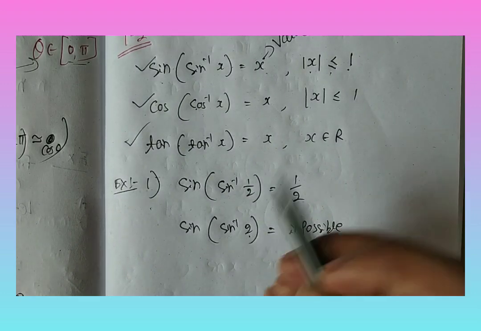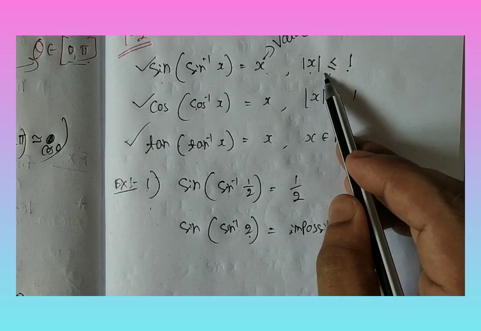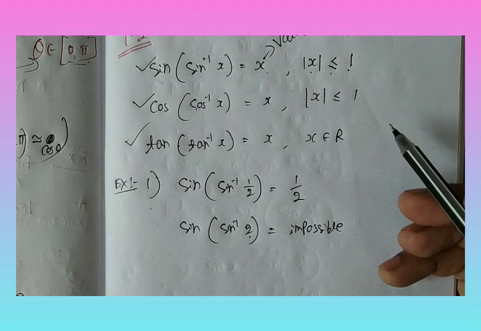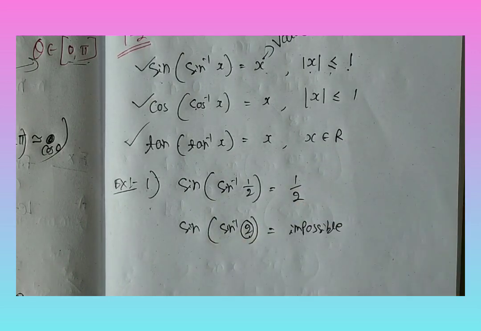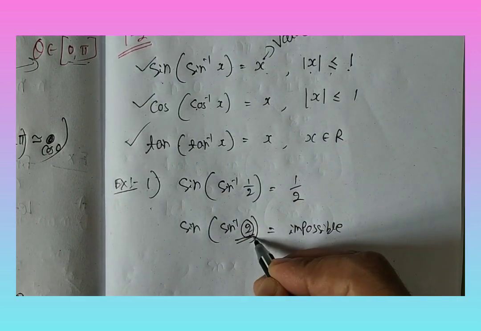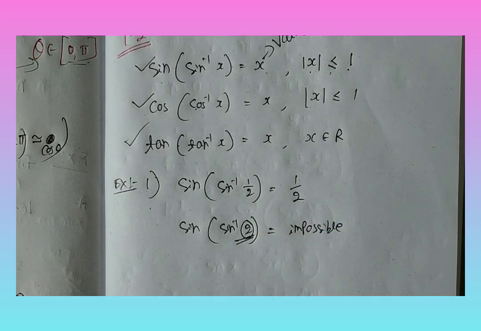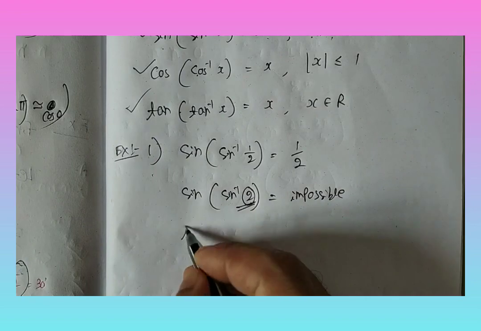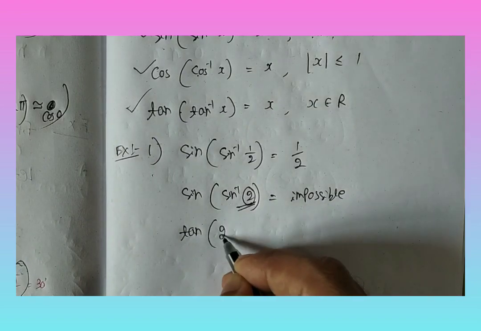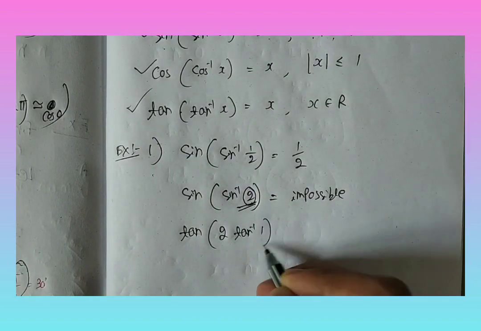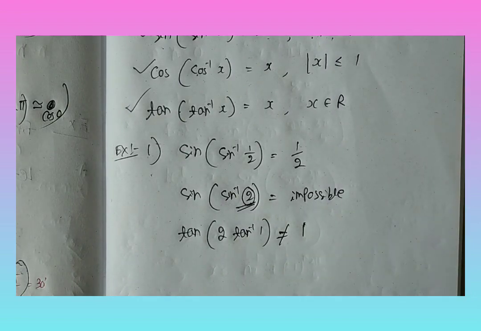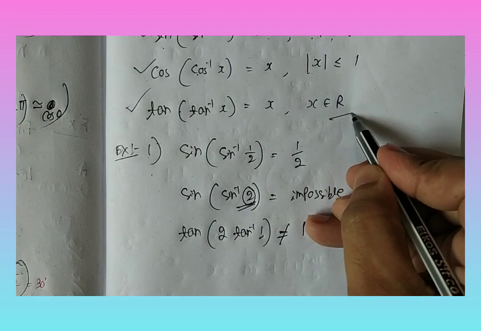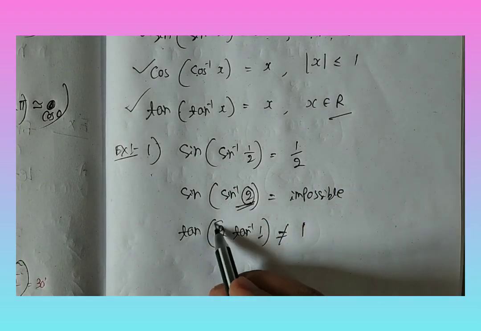Because this 2 is not less than or equal to 1, and this is not an angle, so we cannot convert it to an acute angle. This is a value, so we cannot convert it into 1 or less than 1, so it is not possible. Suppose tan of 2 tan inverse 1. This is not equal to 1. Why? This 1 belongs to the real numbers, but there is a 2 in between.